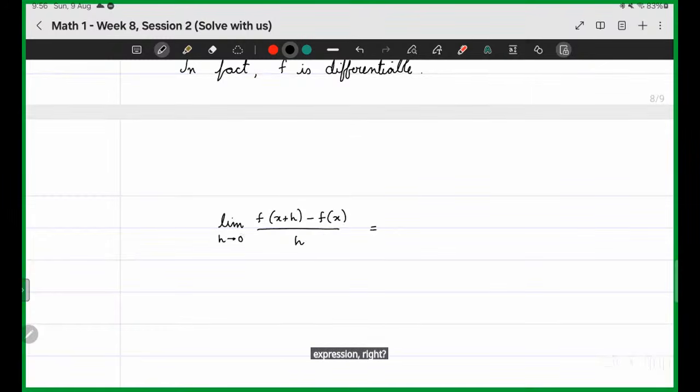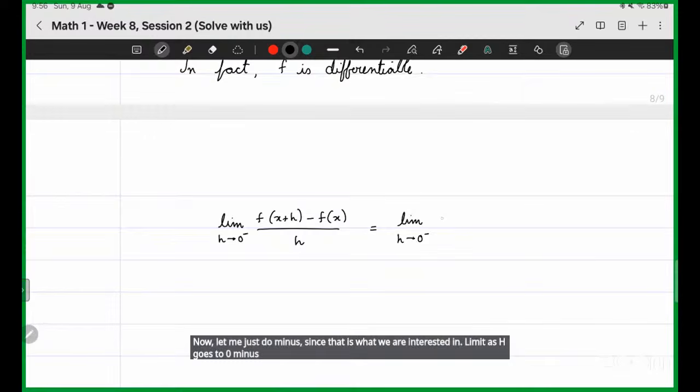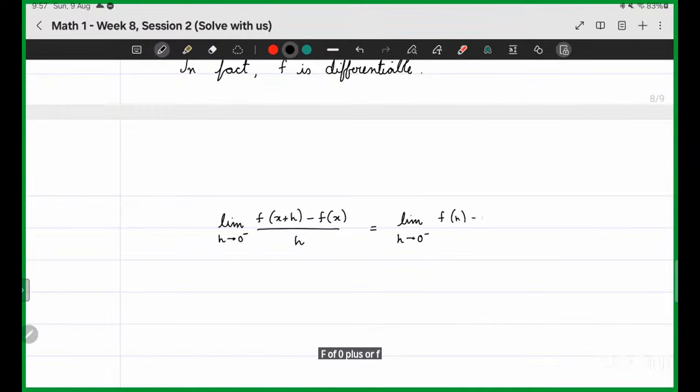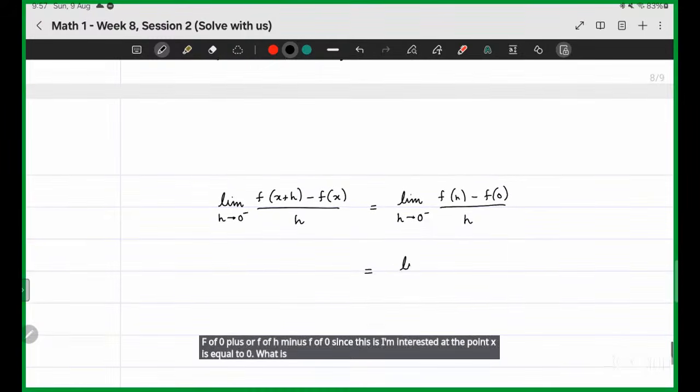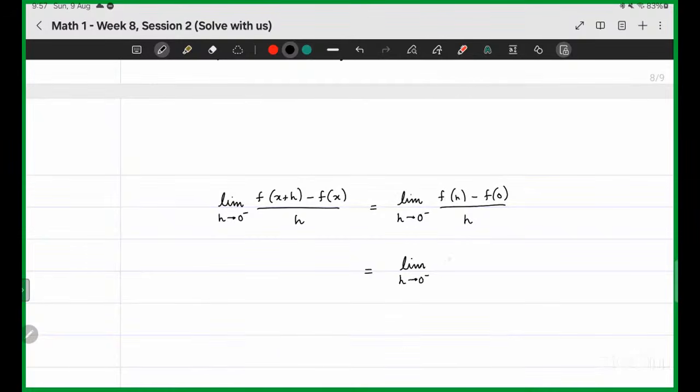Now, let me just do minus, since that is what we are interested in. Limit as h goes to 0 minus of f of 0 plus h minus f of 0, since I'm interested at the point x is equal to 0. What is f of h? It would be h square sine 1 by h.